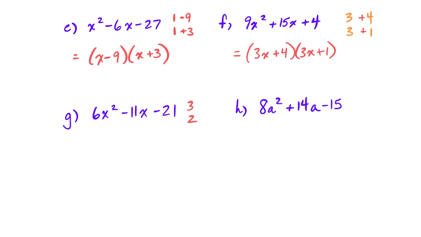Then what I might do is go to 21 and 1. But that seems like that's going to take me really far away from 11. So I'm likely to keep my 7 and my 3 and instead look at 6 as 6 and 1.